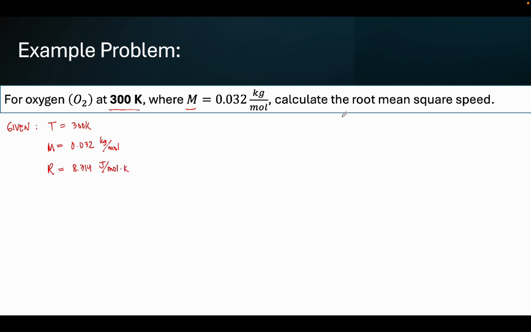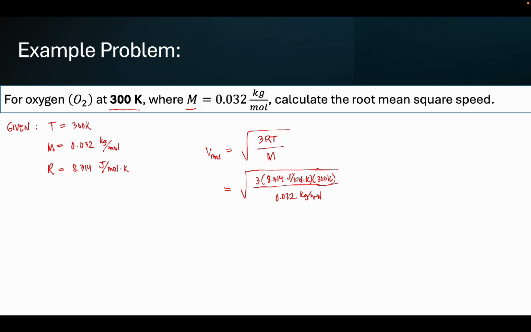Okay, so to solve for the root mean square speed, we have v_rms is equal to, again, the square root of 3 times R times T over M. Substituting the corresponding values, we have 3 times 8.314 joules per mole times Kelvin times the temperature, 300 Kelvin, divided by M, which is 0.032 kilogram per mole.